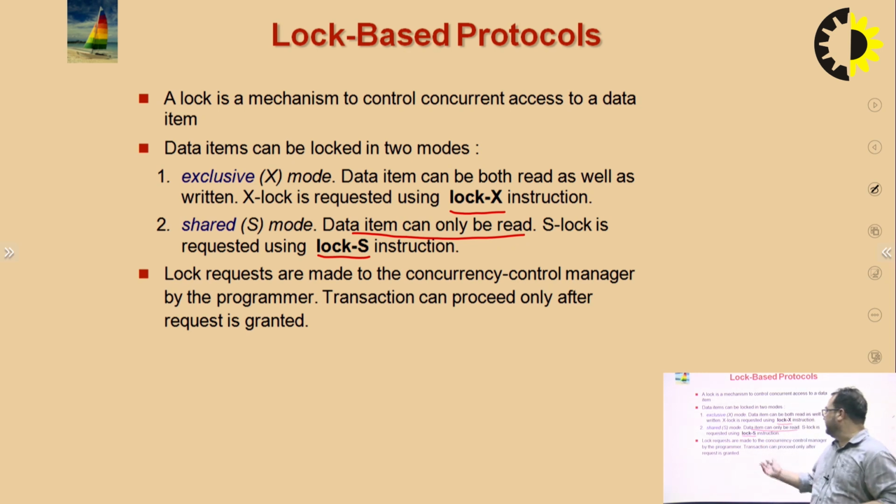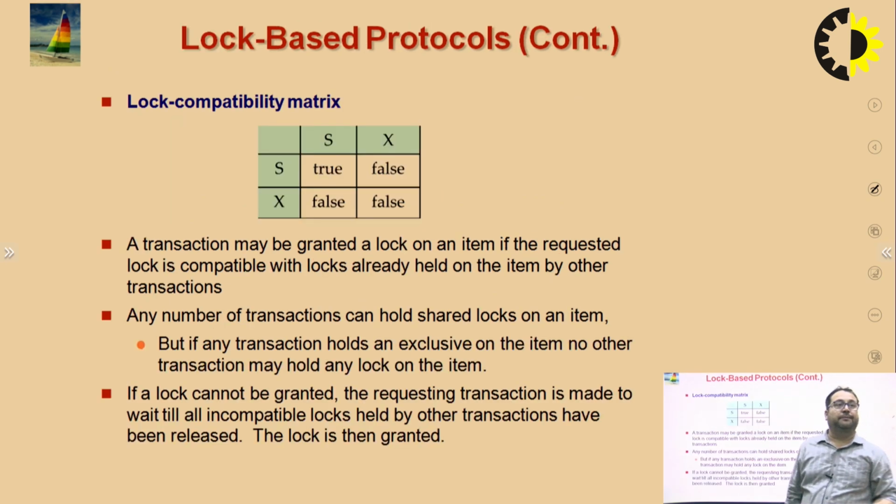Lock requests are made to the concurrency control manager by the programmer, and the transaction can proceed only after the request is granted. This is how we control concurrency.